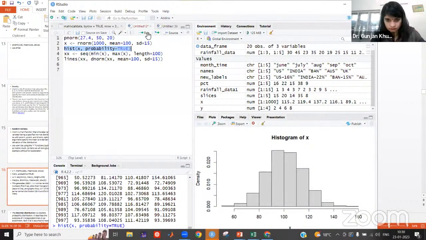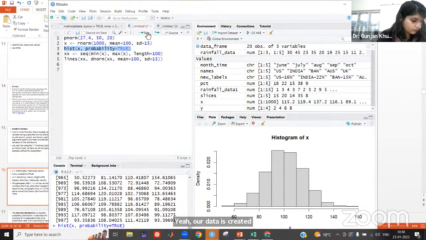So we have to run X. Yeah, our data is created. Yes, we were able to create the data.